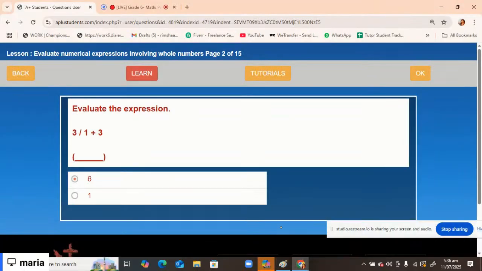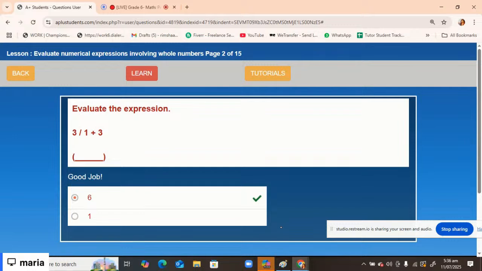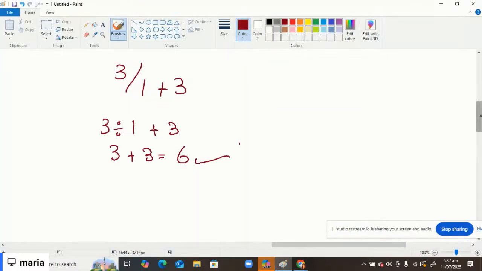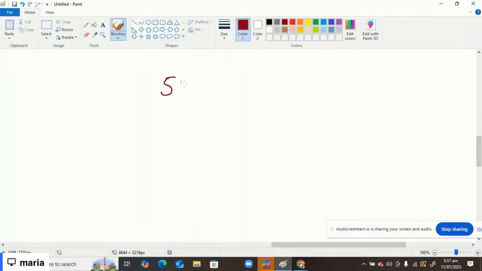So that is 6, and this is also the right answer. 5 plus 2 divided by 1. Look here, we put 5 plus 2 divided by 1. Division is first, so 2 divided by 1 is 2. So that is 7.